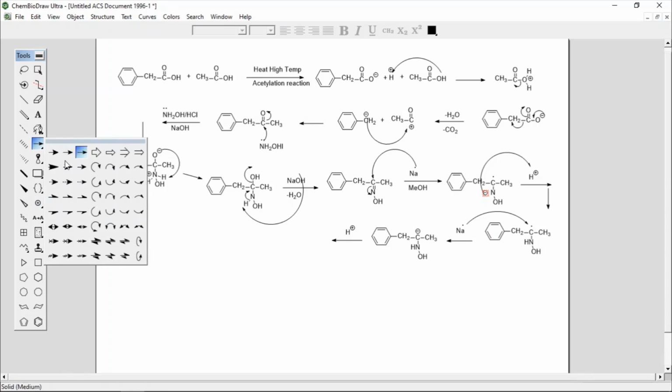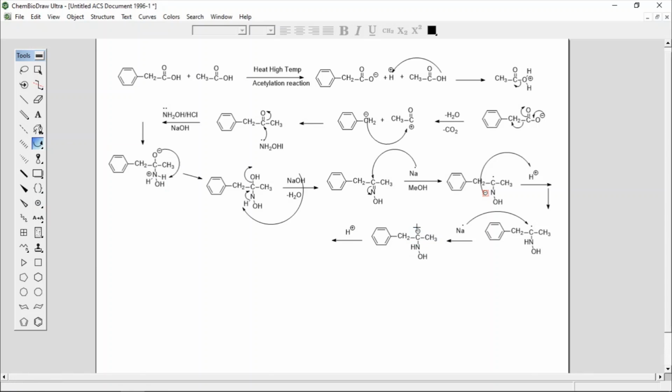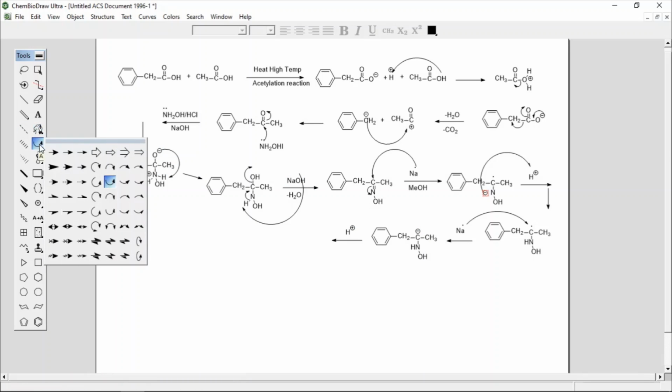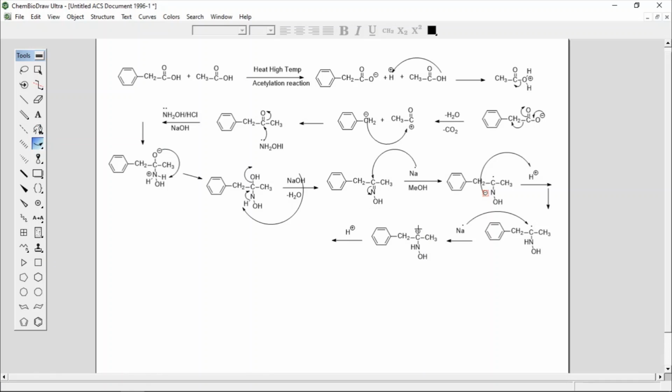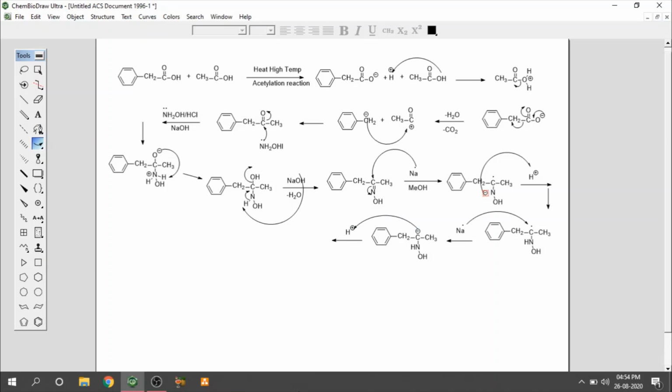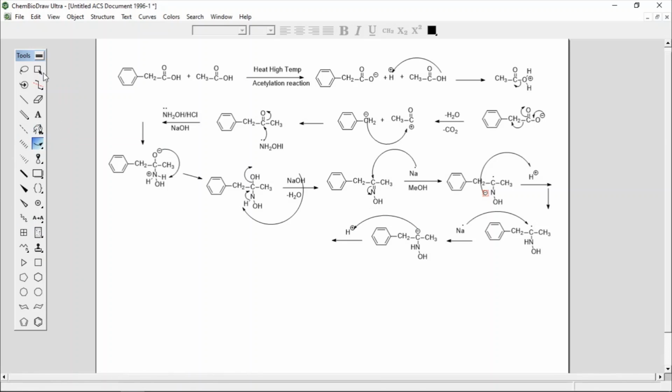Now this C minus will take this proton and convert to CH.